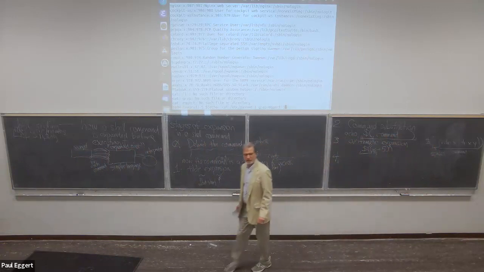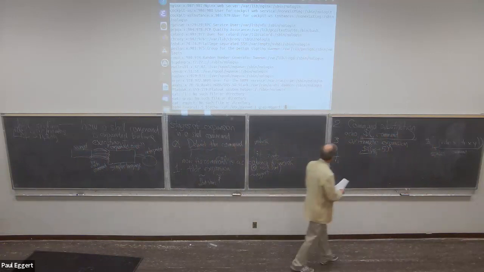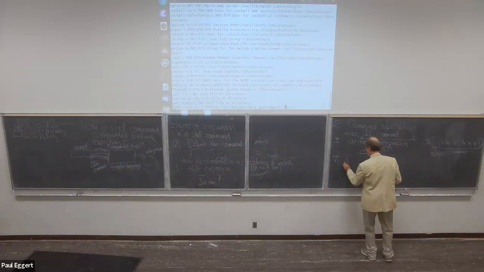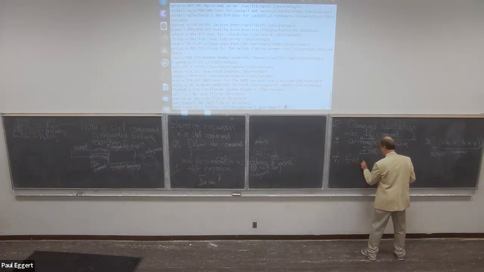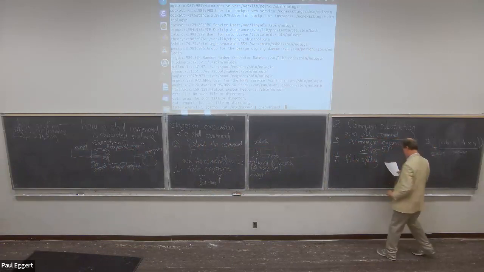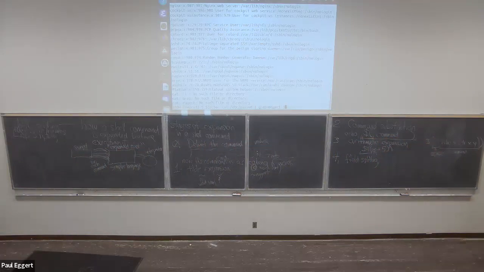Phase 4 is going to be field splitting. I think I left off a phase here. I have my notes here, and they don't at all agree with what I wanted.